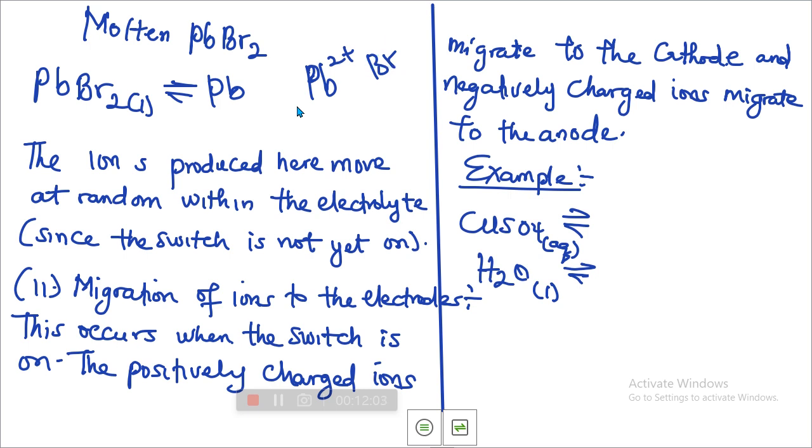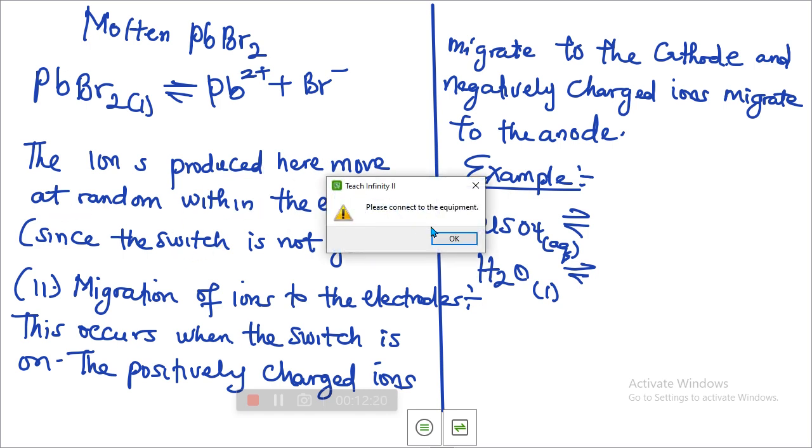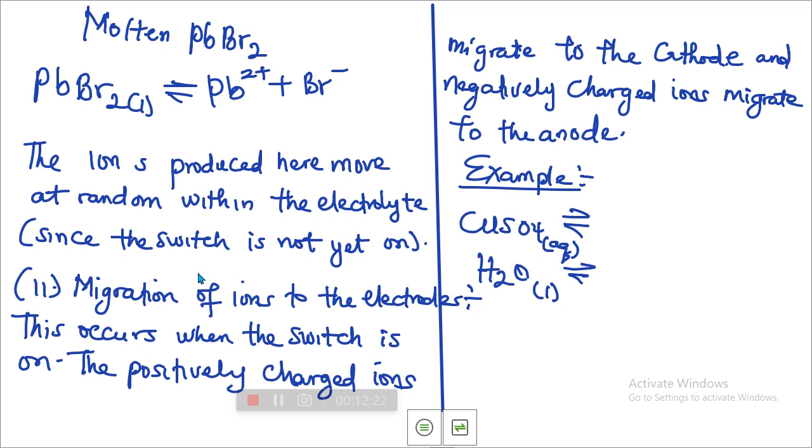If you don't know valency, you may find this topic difficult. So we have Pb2+ and Br-. So it has dissociated like that. Now the ions produced here move at random within the electrolyte since the switch is not yet on. So the ions will be moving what?